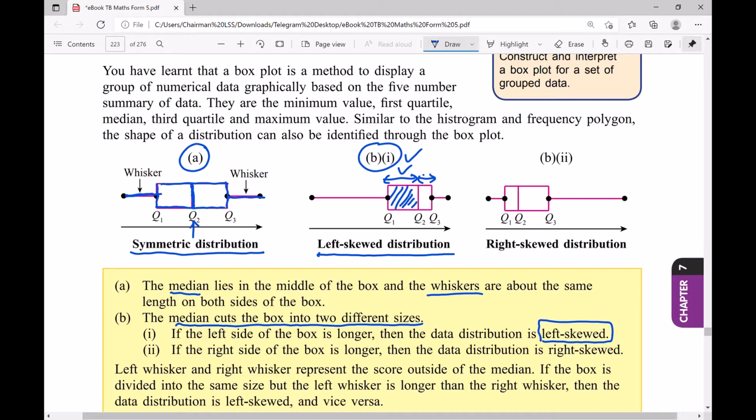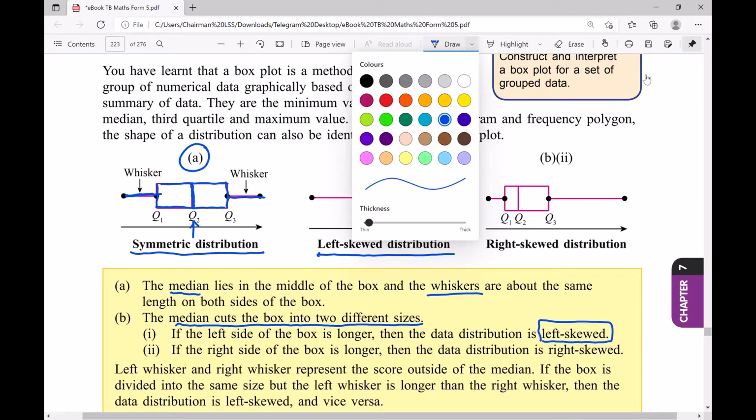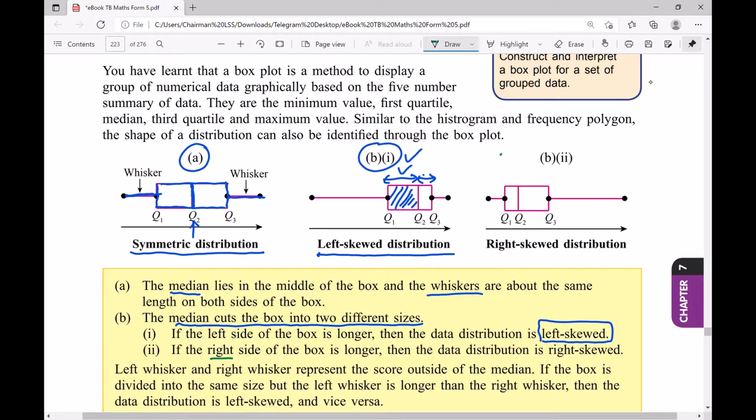If the right side of the box is longer, then the data distribution is called right skewed distribution. Okay, this one is easy to understand.